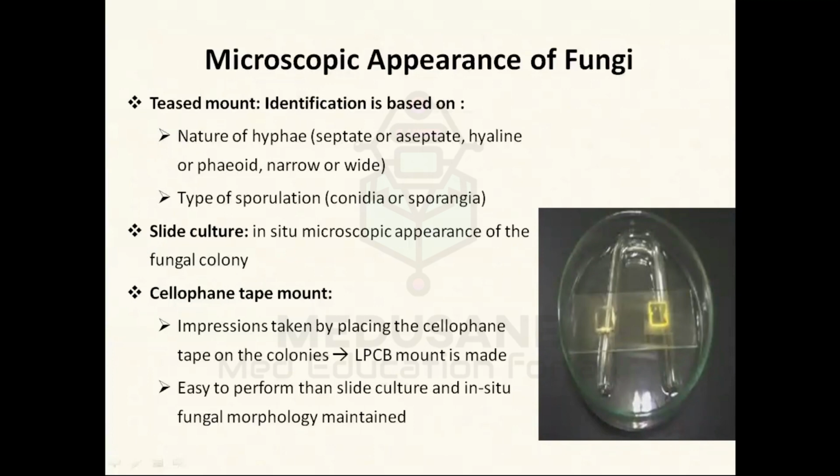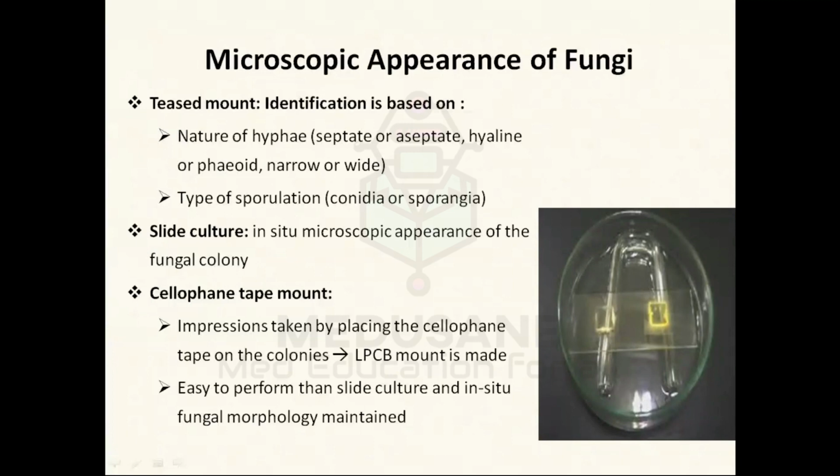We need two needles, which are called teasing needles. We hold them in both hands, and with the help of the needles we take a part of the fungal elements, the fungal specimen, put it on the slide, put a drop of LCB mount, put a cover slip and view under a microscope. This is called the tease mount identification method.